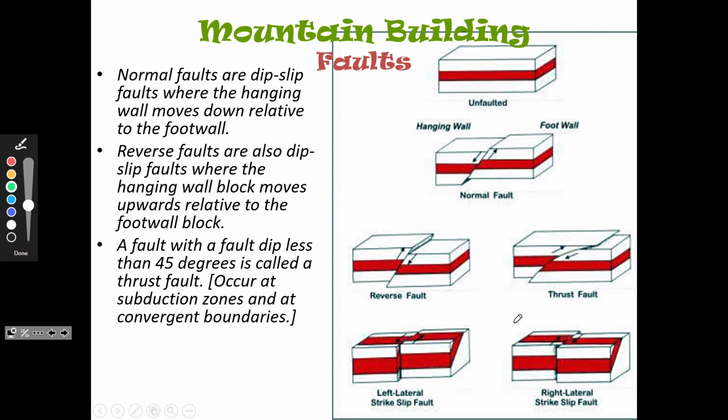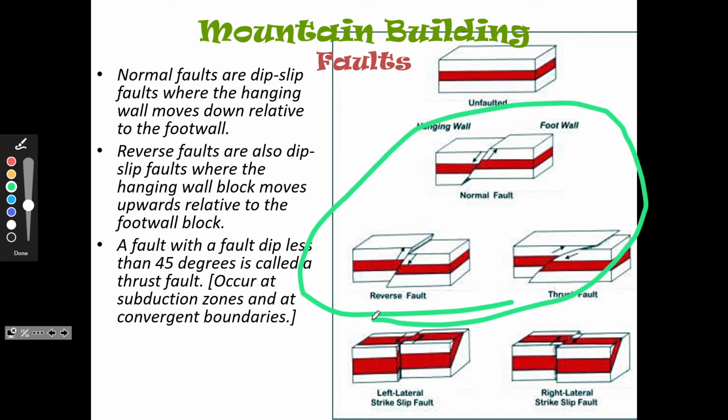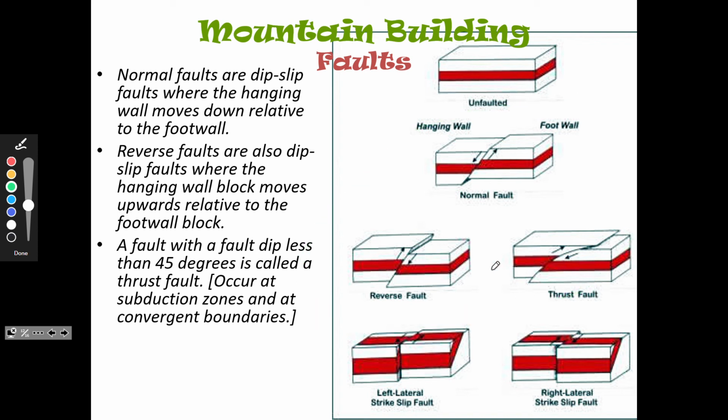It's just shallower, is kind of a way to think of it. And all three of these, normal, reverse, and thrust, are types of dip-slip faults, where we've got this vertical displacement of the hanging wall either moving up or maybe our footwall is moving up.